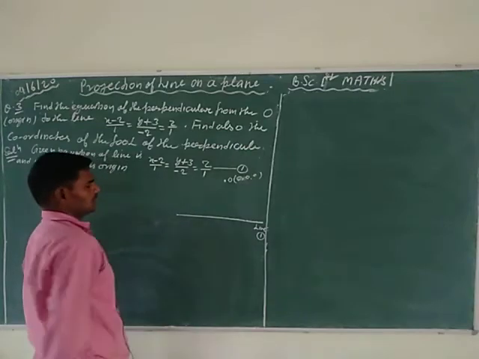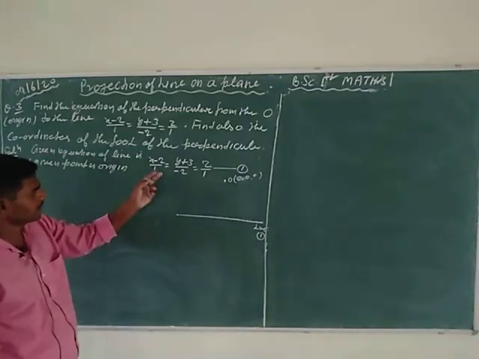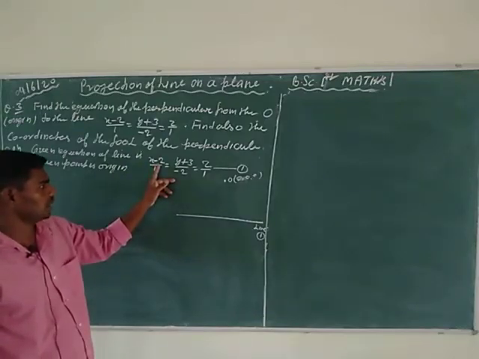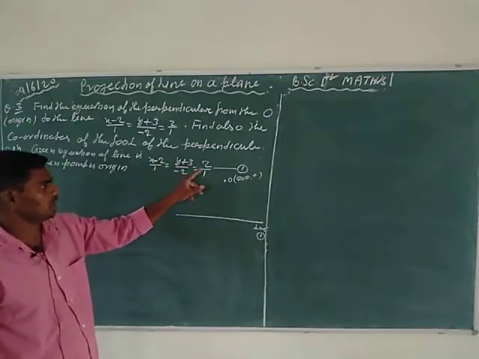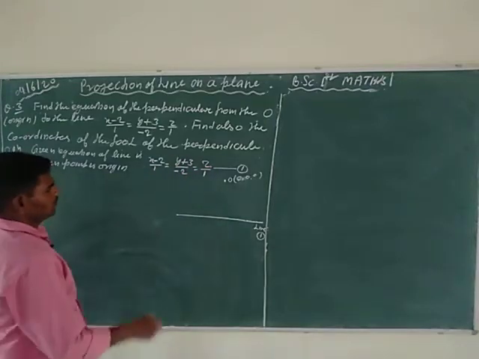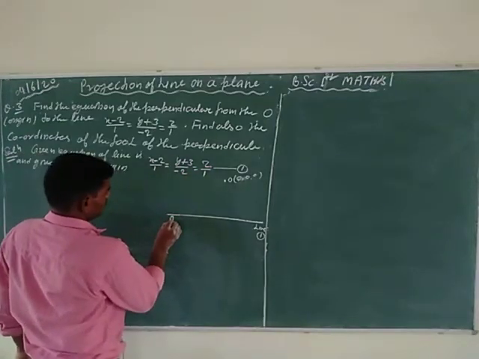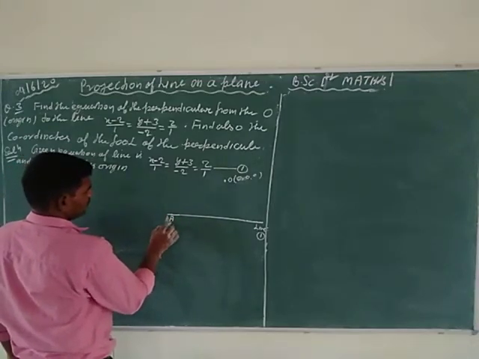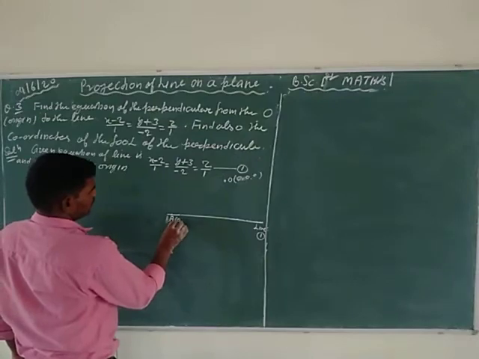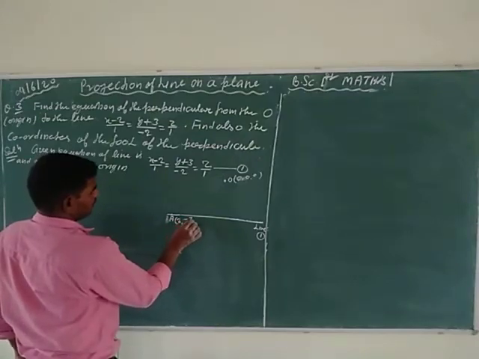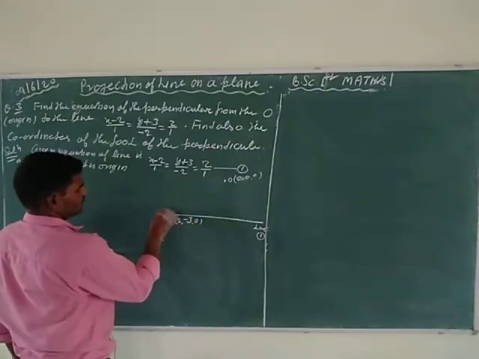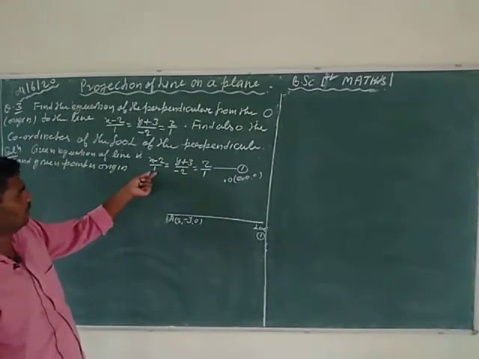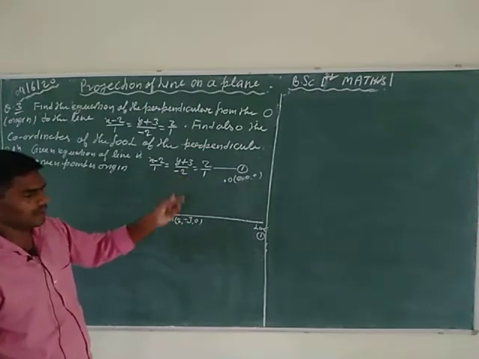Since line first is passing through a point whose coordinates are 2, minus 3 and 0, suppose that point is A, and its coordinates are 2, minus 3 and 0. The direction ratios of this line are 1, minus 2, 1.